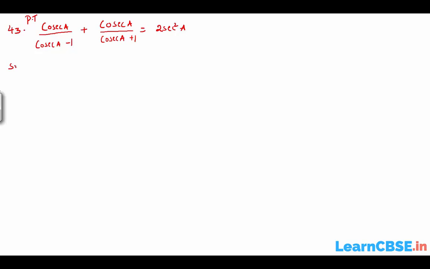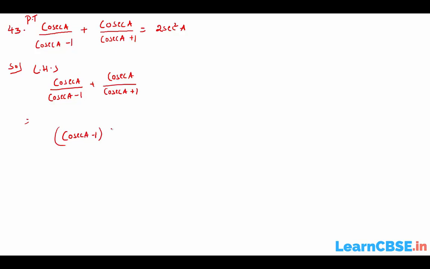As usual, let me consider LHS. Cosecant A by cosecant A minus 1, plus cosecant A by cosecant A plus 1.